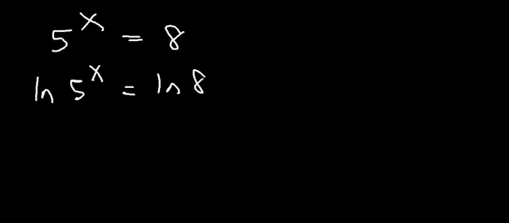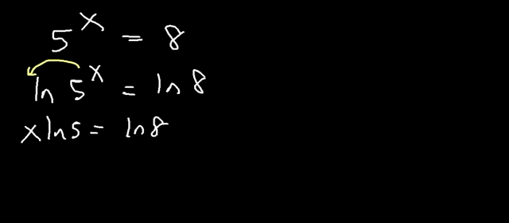Now let's say you have an exponential equation where you can't convert it to the same base. What do you do in a situation like this? You can take the log or natural log of both sides, but I'm going to take the natural log because it's less letters to write. After you take the natural log of both sides, move the x to the front. So x ln 5 is equal to ln 8.